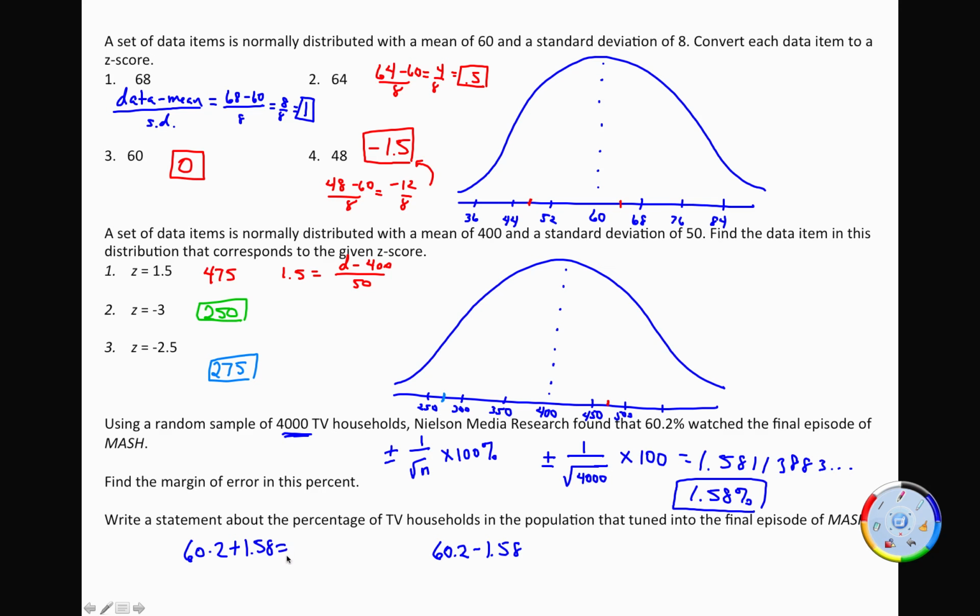That's our margin of error. 60.2 plus 1.58, so 61.78. And 58.62. So let's even go ahead and round this, just for sake of an easier sentence, to the nearest tenth of a percent.